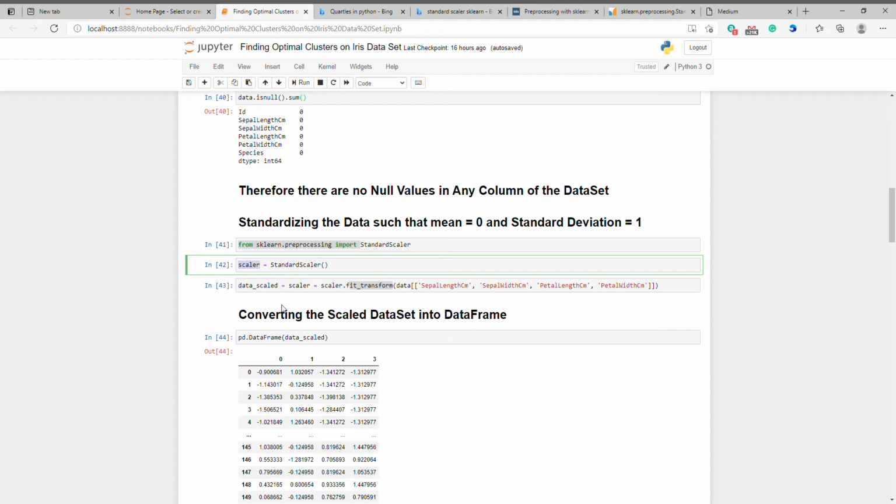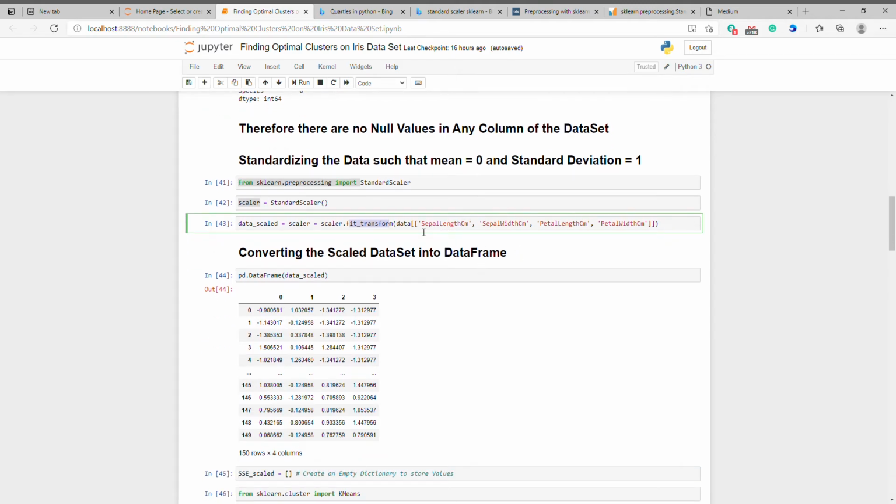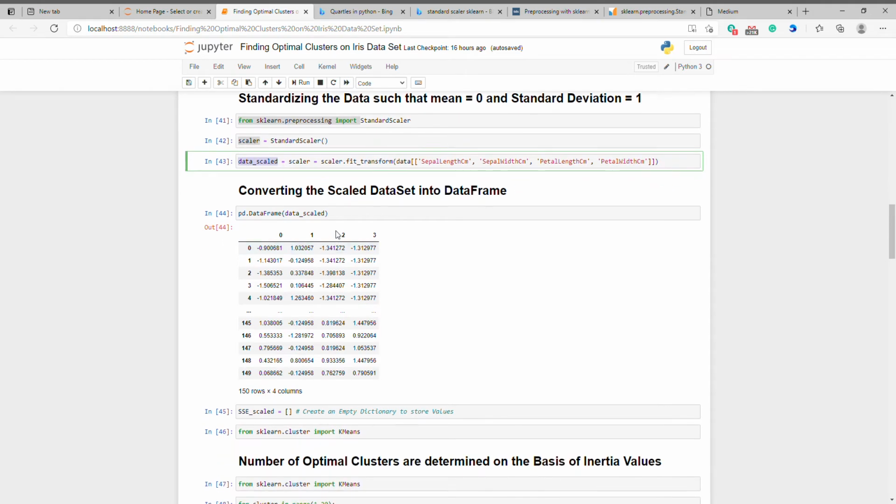I am using the fit_transform function, and in this fit_transform function I have put all 4 columns, sepal length, sepal width, petal length and petal width, as a list, and stored the values in the data_scaled variable.